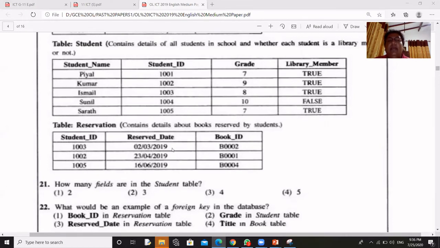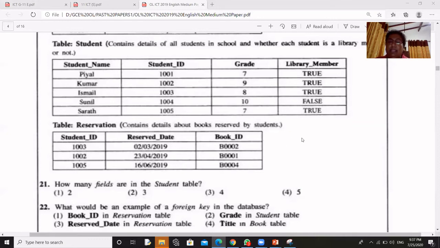Okay, but in the normal real situation, the student ID, book ID and reserve date also have to be taken to create the composite primary key. Otherwise we would need a rule that a student cannot take a book again that they have already taken. If we consider only those two and the student takes it again another day, it will definitely repeat. You know that neither a composite primary key nor a primary key can repeat. So in that case, we should consider the student ID, reserve date and book ID all together as the composite primary key, right?